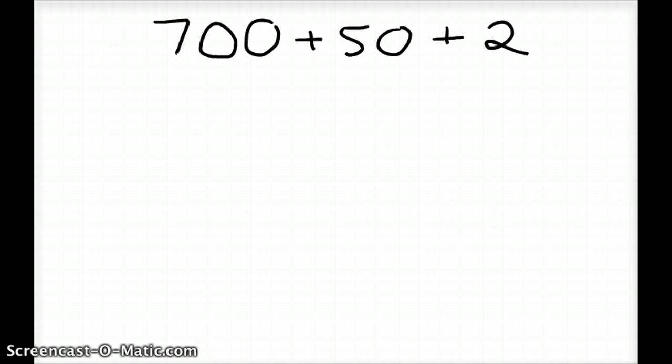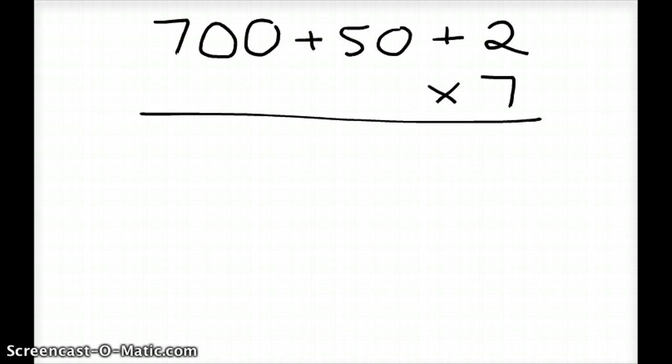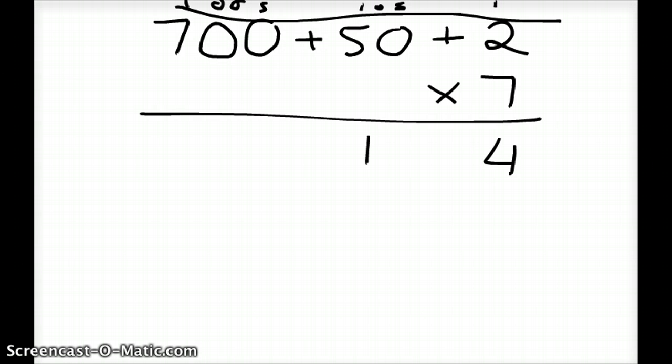752. And the first thing I'm going to do is multiply it by 7. Okay? So I get 7 2s are 14, right? Which means if I have my 1s and my 10s and my 100s over here, 7 times 50 is 350.